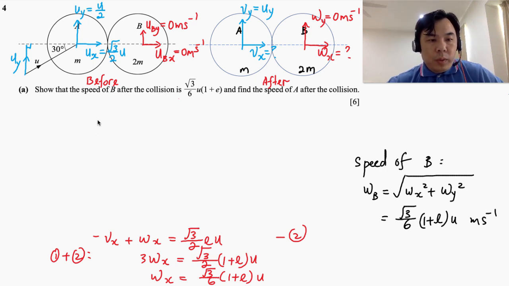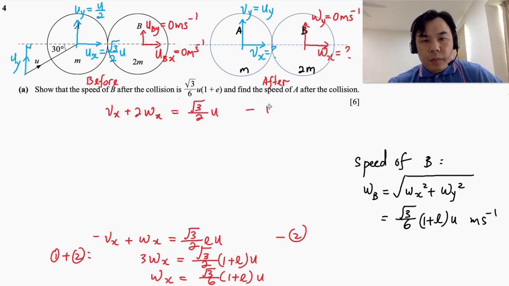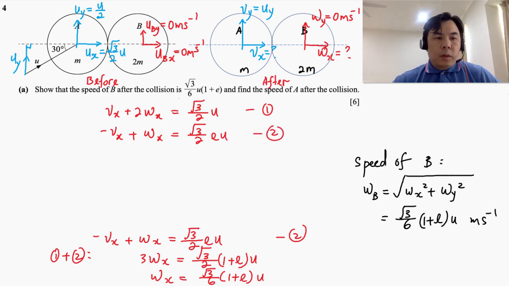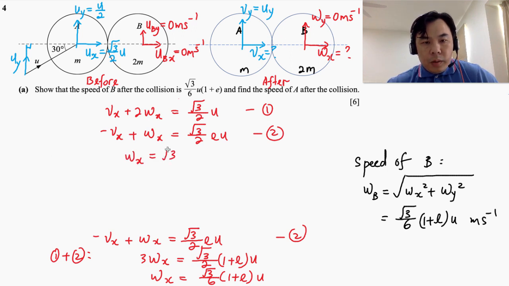The two simultaneous equations will be here. The first one was here. That's my first. And then second one is here. That's my second one, right? So I have already found my Wx, which is this.